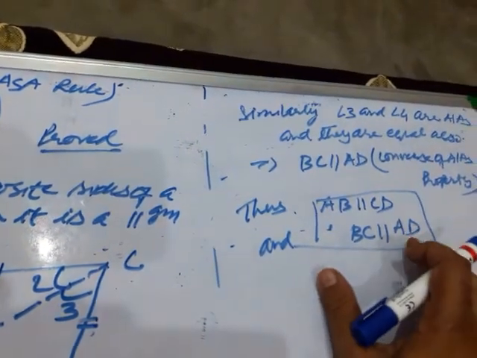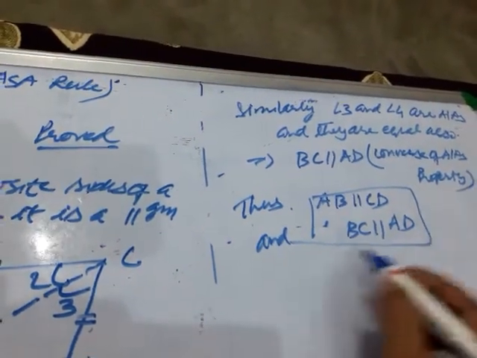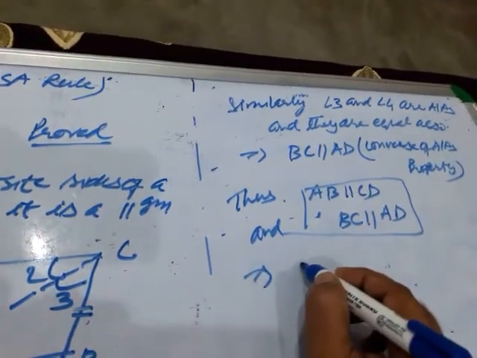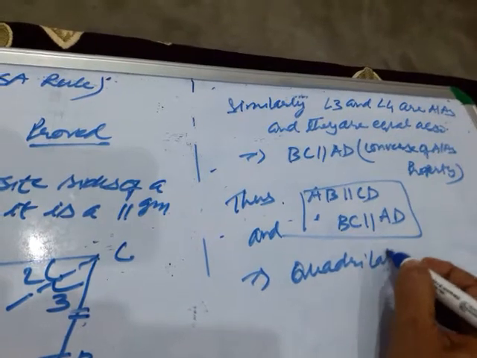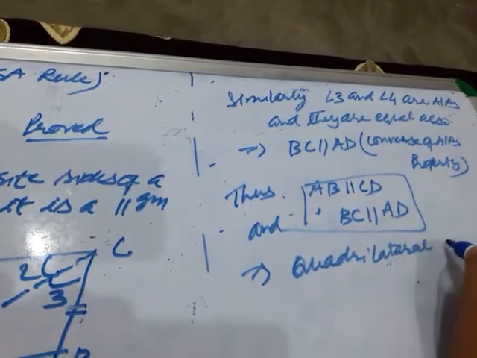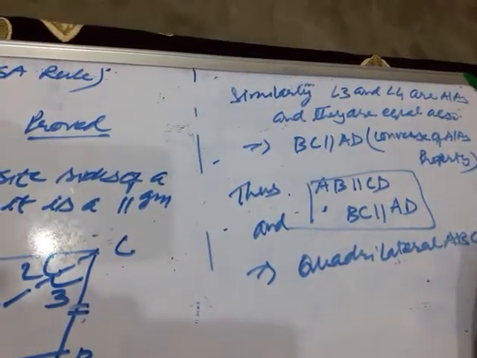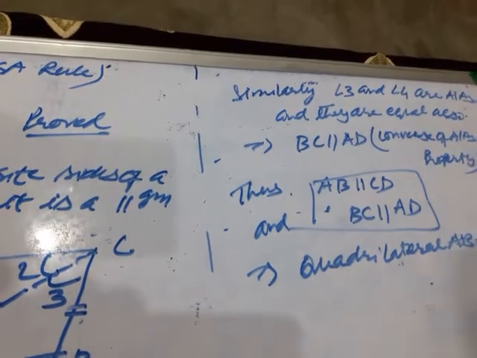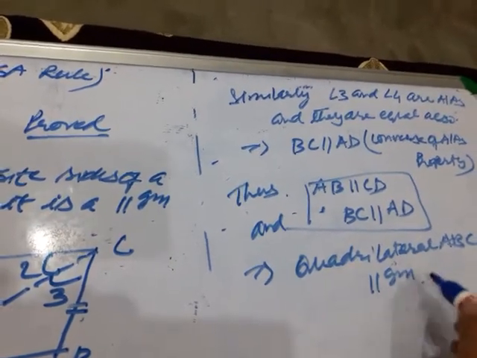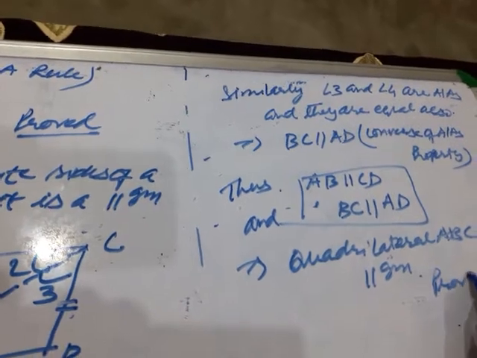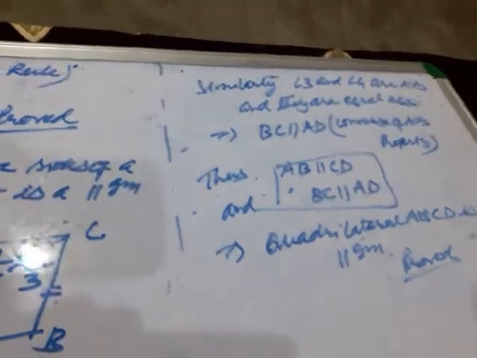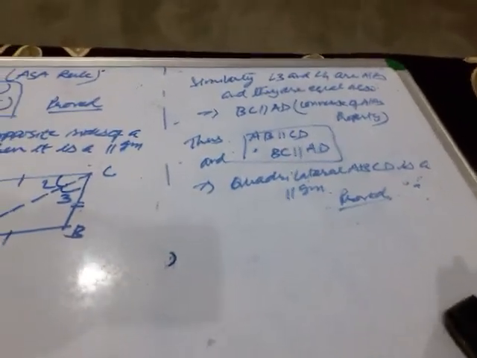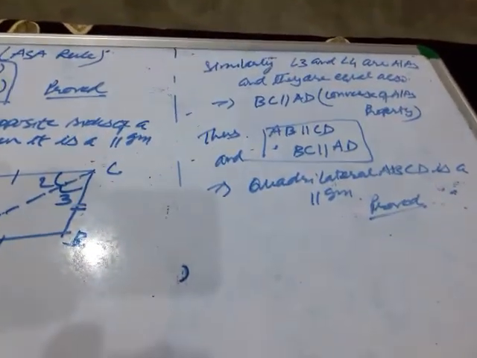This implies that quadrilateral ABCD is a parallelogram. If both pairs of opposite sides are parallel, then we say that the given quadrilateral is a parallelogram.